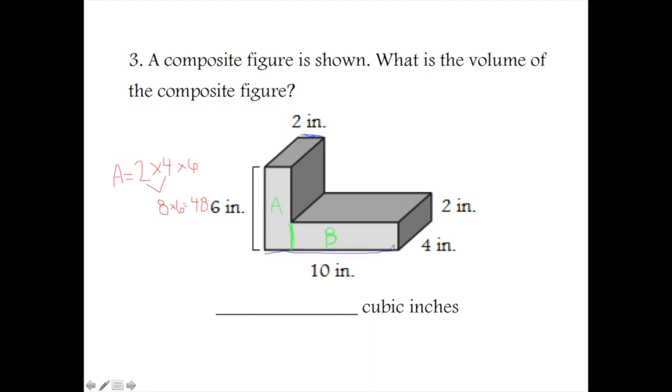So 2 plus my missing length is gonna give me 10. So what plus 2 equals 10? Again, I'm going to use my inverse to figure that out. 10 minus 2 equals 8. So my missing length is 8.